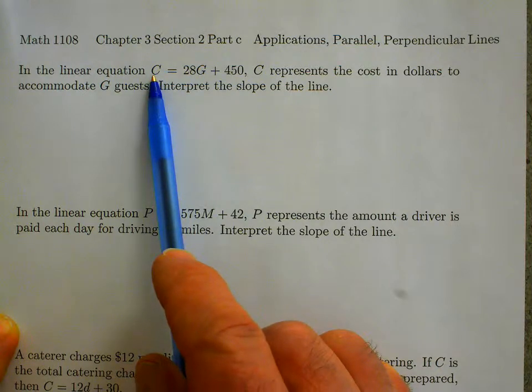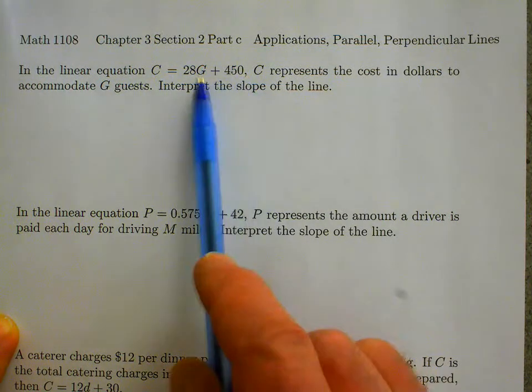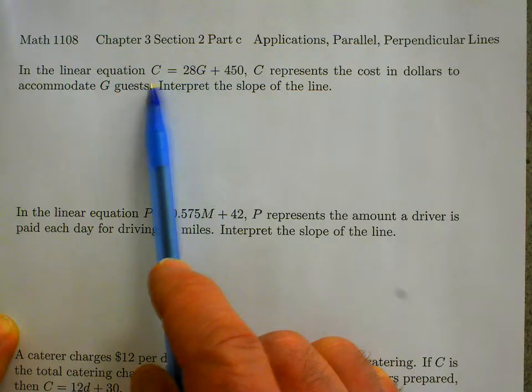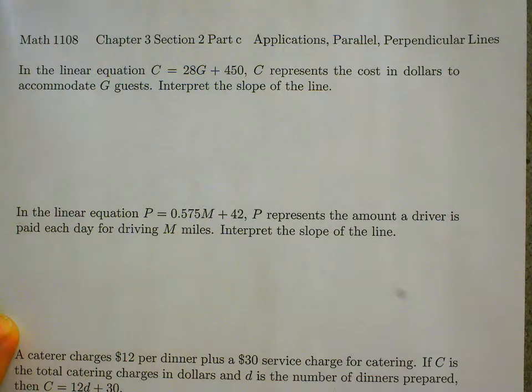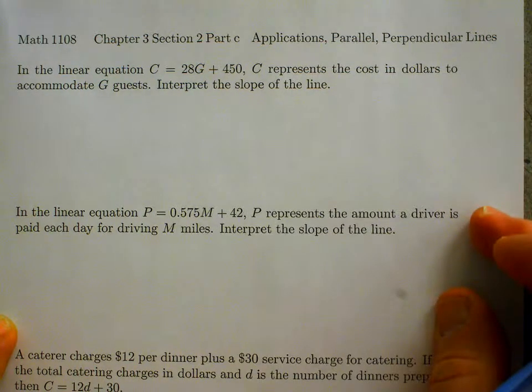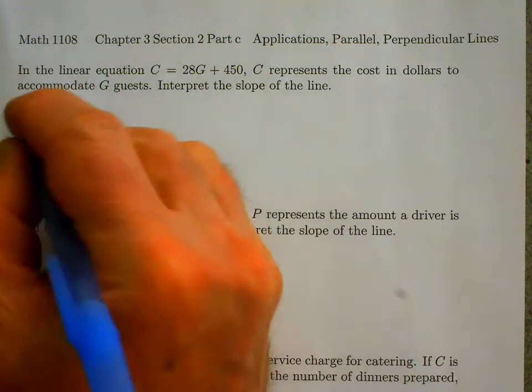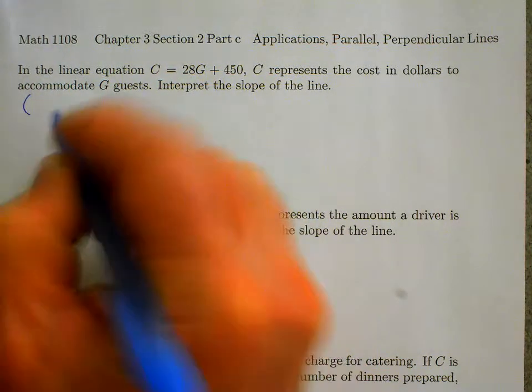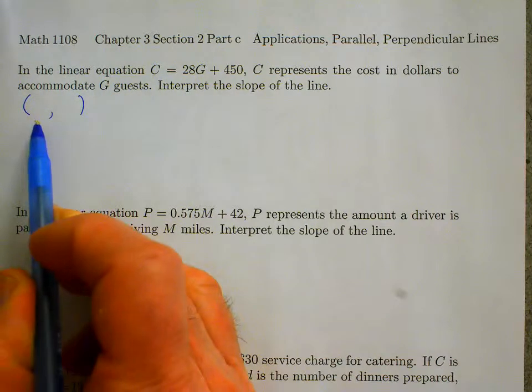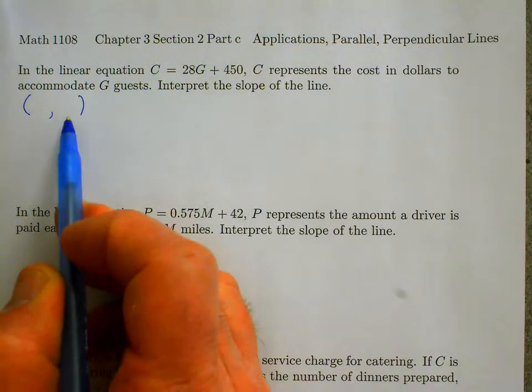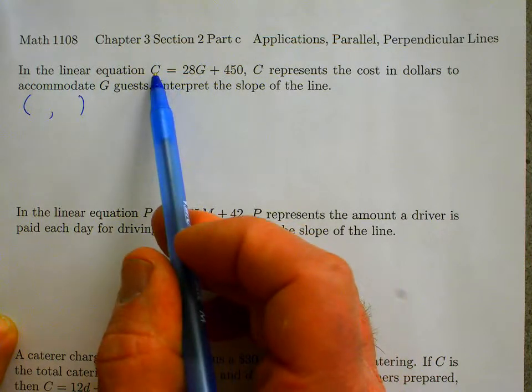So if this were y equals mx plus b, and then if you remember the slope formula, y2 minus y1 in the numerator, x2 minus x1 in the denominator. Well, if you were given ordered pairs, what would they look like? Which variable would be on the left and which variable would be on the right?